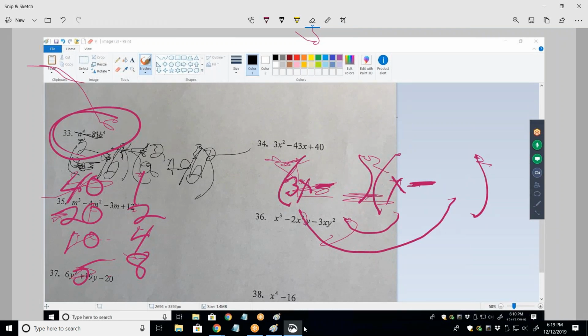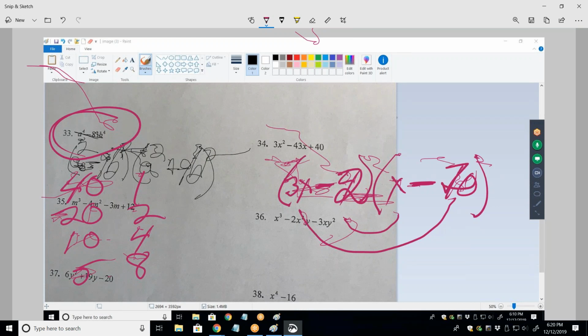Let's put the 10 on the side that's going to get multiplied, in other words, to get a bigger number faster. So I'll put a 10 there and a 4 there. What does that give me for a middle term? 34x. That's not right either. Okay, so let me try 20 and 2.